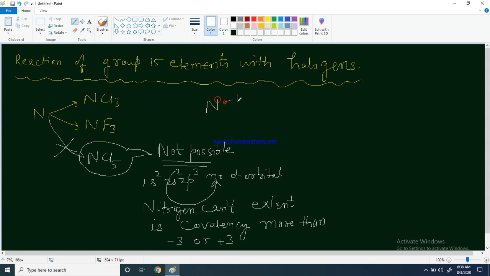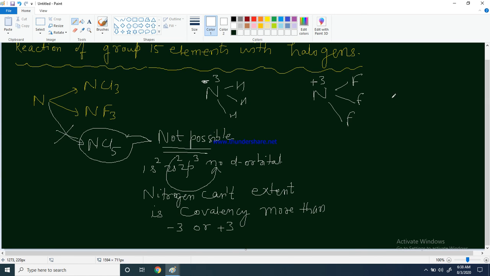Like for NH3 it is -3, and if you take NF3 it will be +3. But rest of the elements like phosphorus can form PCl3, can form PCl5 because they can extend their covalency.